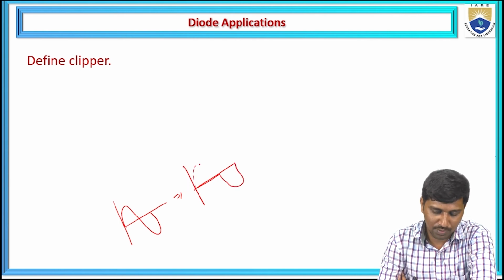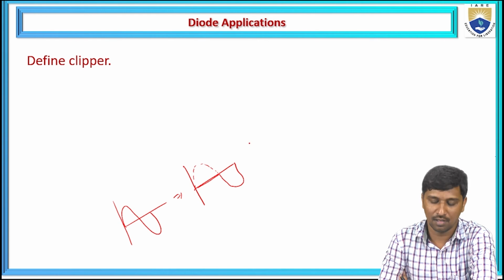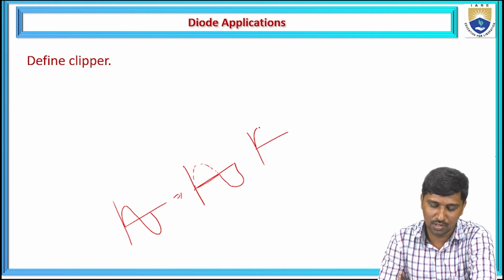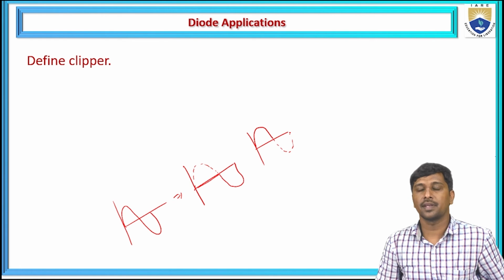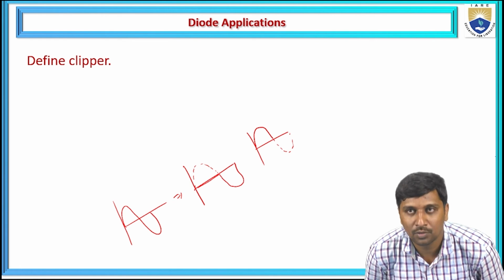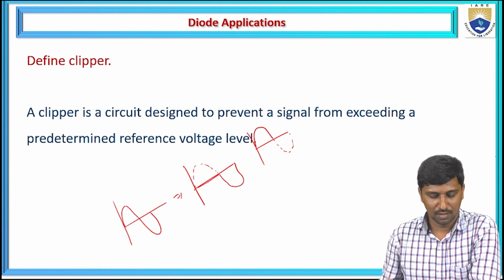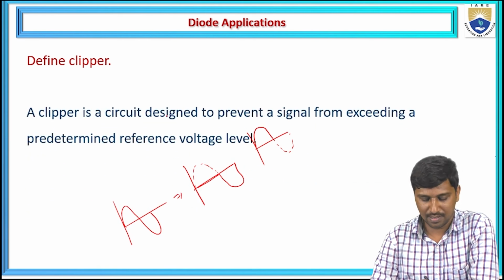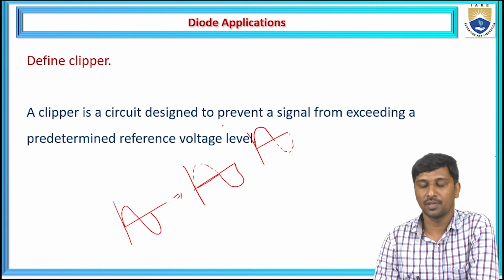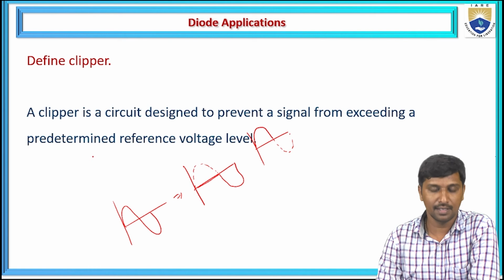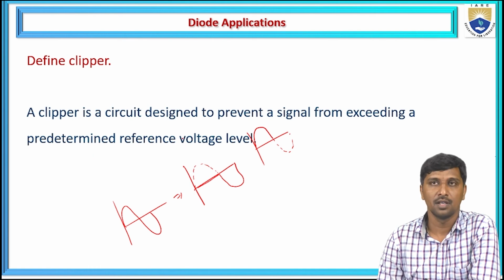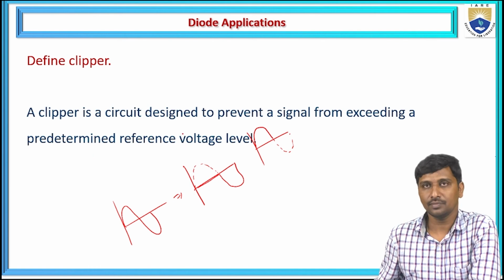It removes the positive portion of the input signal, or it may remove the negative portion. This operation is done by a circuit called a clipper. So a clipper is a circuit designed to prevent a signal from exceeding a predetermined reference voltage level.